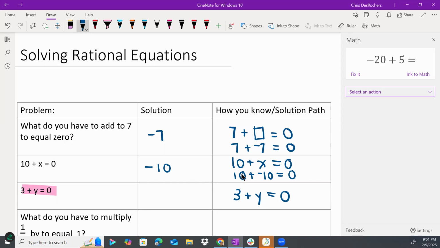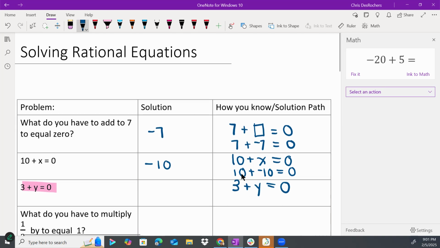So if we have 3 plus y equals 0, we might think 3 plus some number y is 0. So that number would have to be -3, because if we are given 3 and then we take away 3, then we have nothing left.